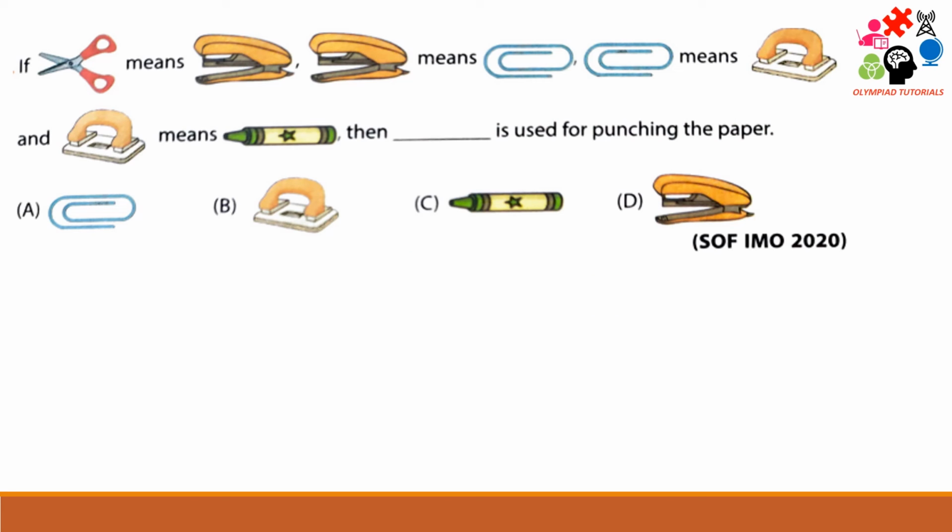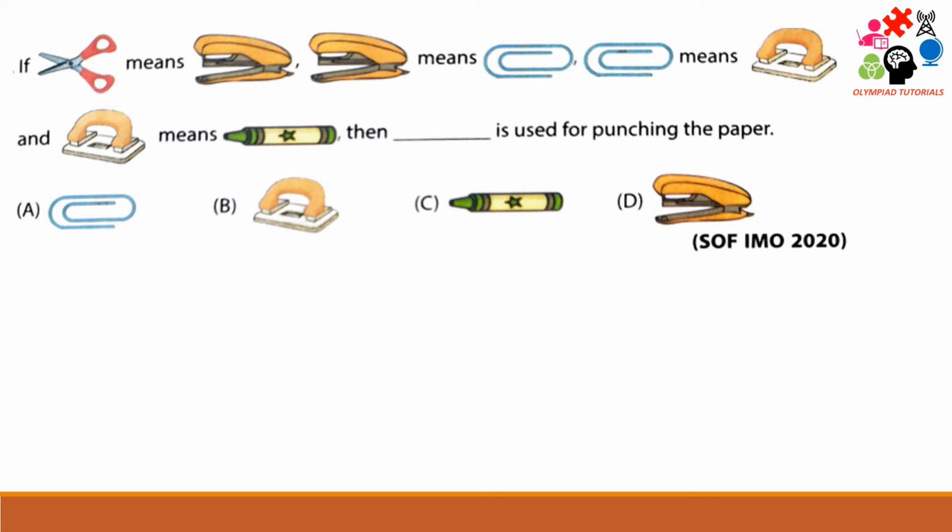Now this is a picture question. If scissor means stapler, stapler means a pin, paper pin means a punching machine which is used to make holes in the papers, and a punching machine means a crayon, then dash is used for punching paper. So just observe carefully. For punching paper, you are going to use a punching machine.